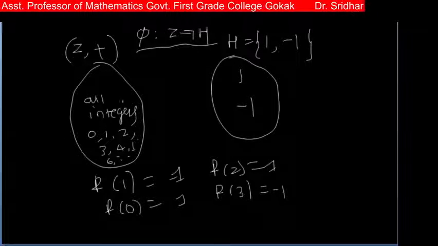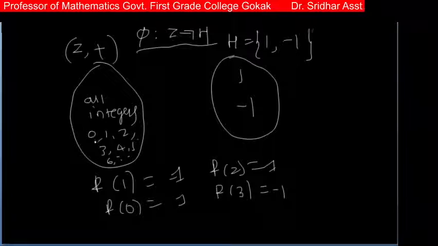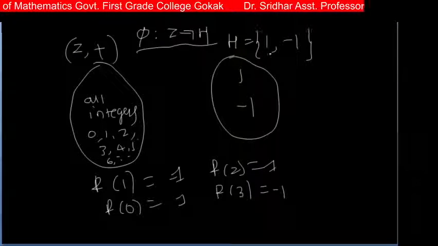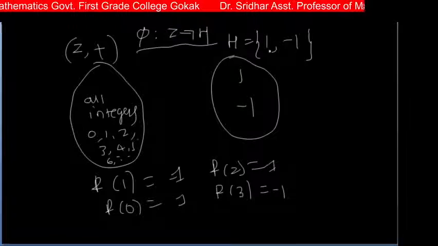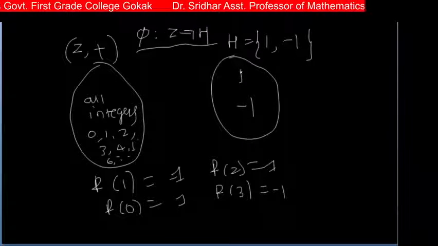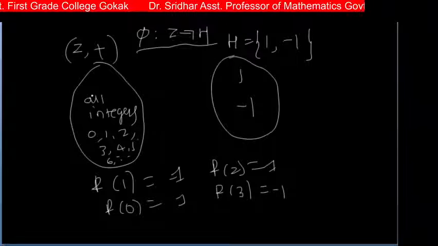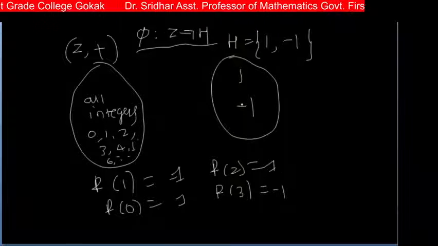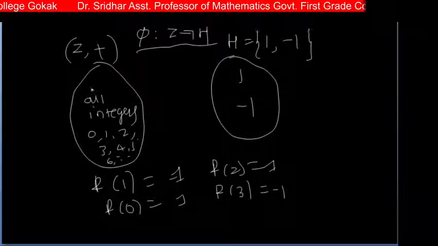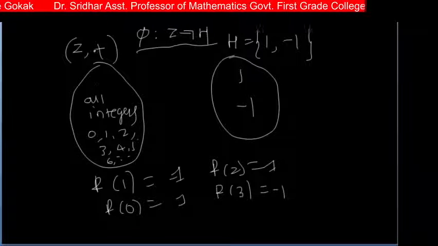One is Z plus, which contains all integers such as 0, 1, 2, 3, 4, 5, 6, 7 and so on. And another group H, which contains only the elements 1 and minus 1. Now we are assigning the elements of H to the elements of Z plus.